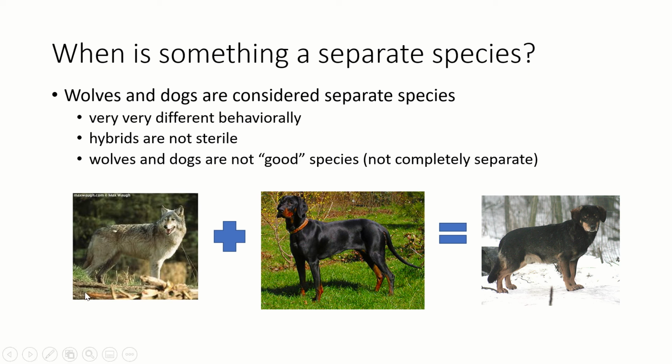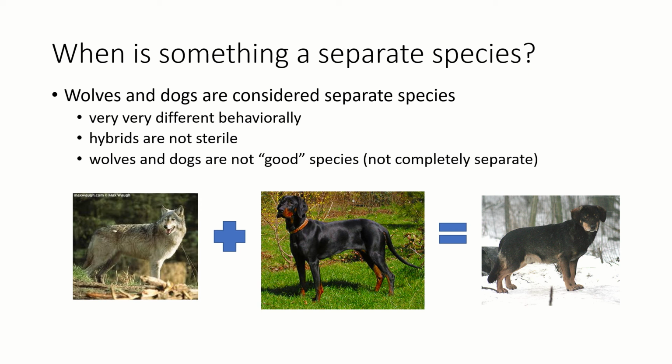If you take a wolf like this and it breeds with a dog like this, if this is a Polish Spaniel, you get something like this, which honestly, how adorable is that? It's so cute. Anyway, they are considered separate species, even though they don't quite meet that biological species concept definition. But behaviorally, they're so different.